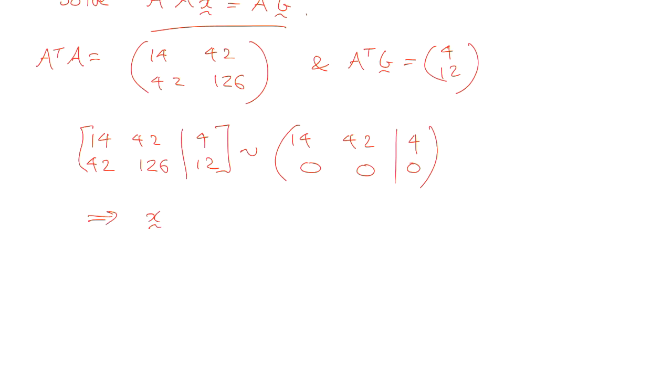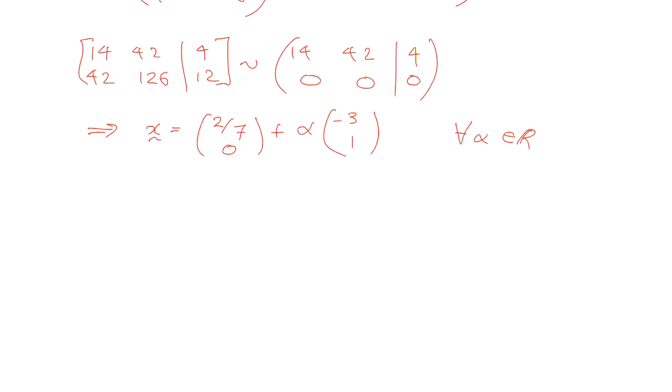Here's an example where we have infinitely many least squares solutions. Everything that looks like this, no matter what alpha is, is a least squares solution. You just find that by back substitution. I'll let you fill in the few steps there.